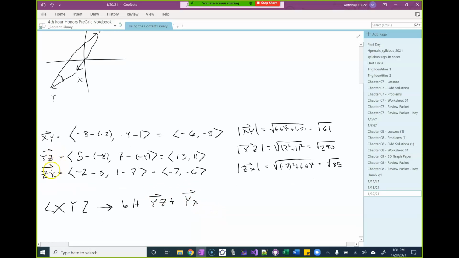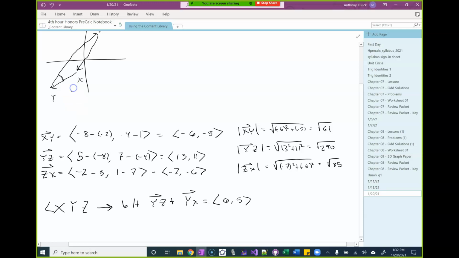Notice that we don't have yx on here, but we have xy. So yx should just be the opposite order, so positive 6 and positive 5, because it's just going the opposite direction.